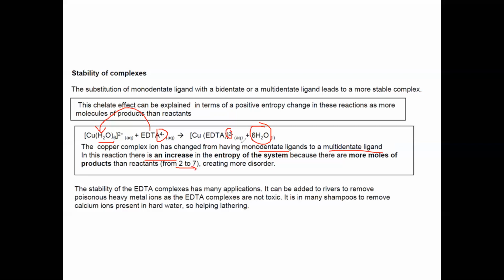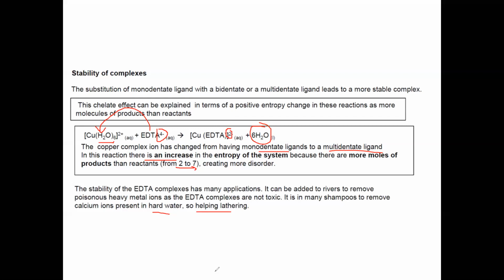The stability of the EDTA complex has many applications. It can be added to rivers to remove poisonous heavy metal ions, as the EDTA complexes are not toxic, and it is in many shampoos to remove the calcium ions present in hard water, which helps in lathering.